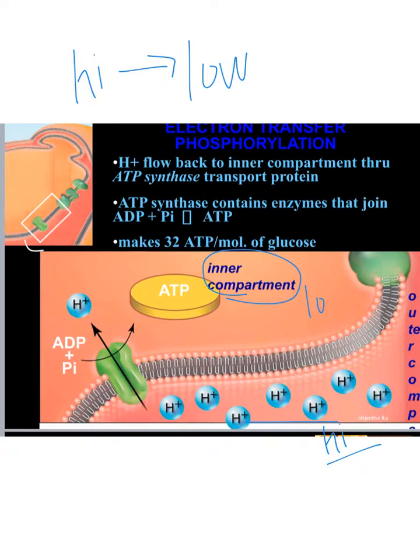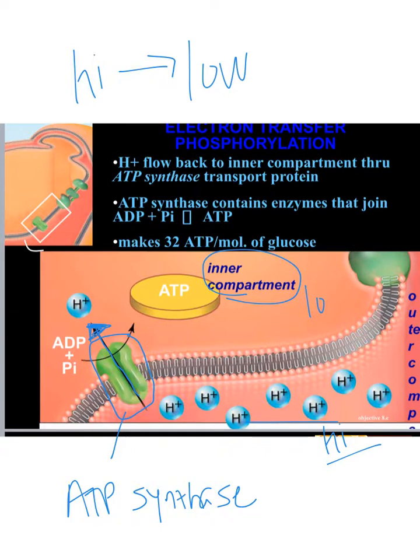So what happens is we have this special enzyme here on the membrane. This enzyme is called ATP synthase. What this enzyme does, it's responsible for making ATP. The way that it does that is when a hydrogen ion flows through this enzyme, because remember, diffusion is going to happen. We are going to diffuse from an area of high concentration to an area of low concentration.